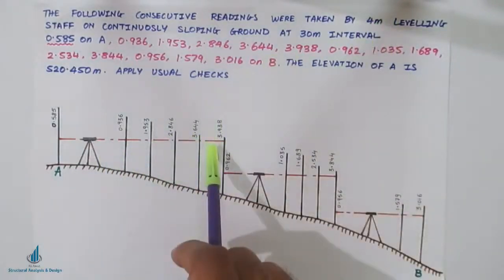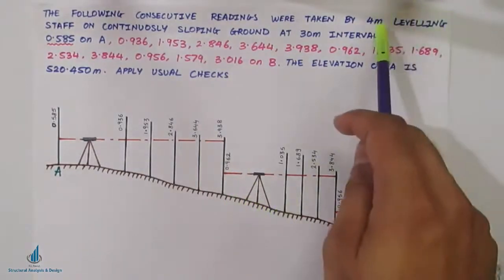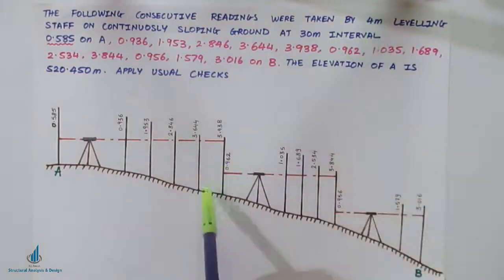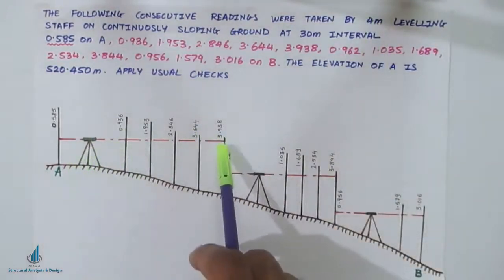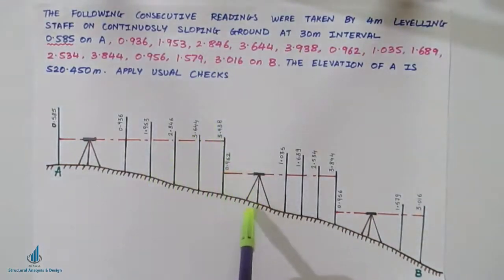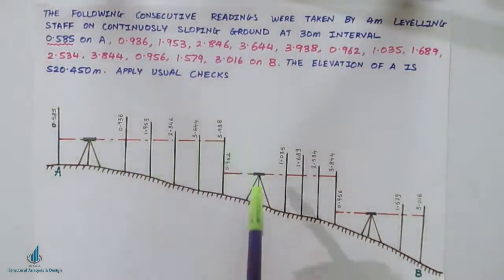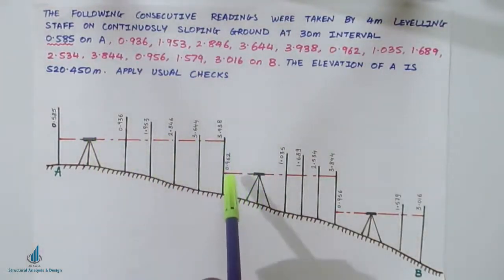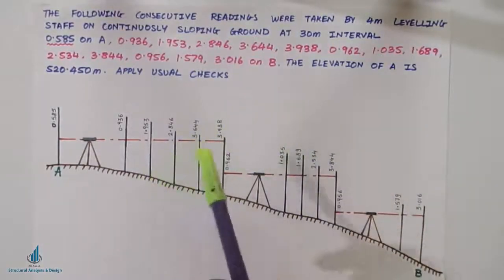If it was 5 meters, you could have taken some more points for finding the RLs. But since the leveling staff is 4 meters, the maximum reading you can take from this setting of the instrument is 3.938. If you go beyond this point, the line of sight will not bisect the staff; it will go above the 4-meter length, so you cannot take the staff readings.